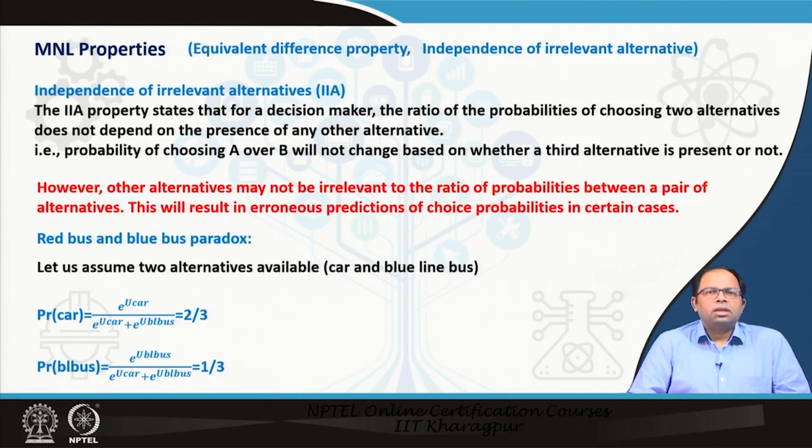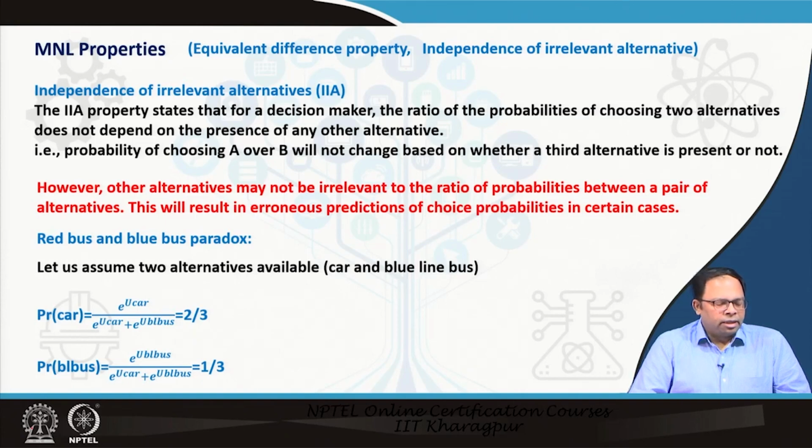One famous way to explain this problem is the red bus and blue bus paradox. Let us assume two alternatives are available: one is a car and the other is a bus, specifically the blue line bus. It is just a name given to this particular bus line.